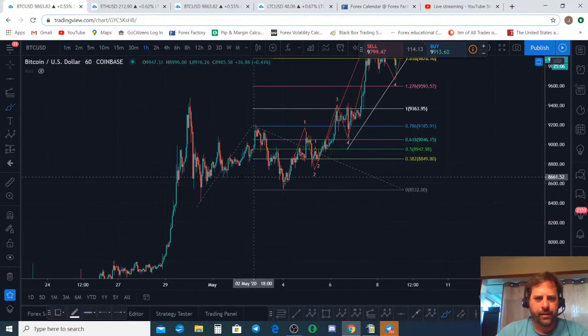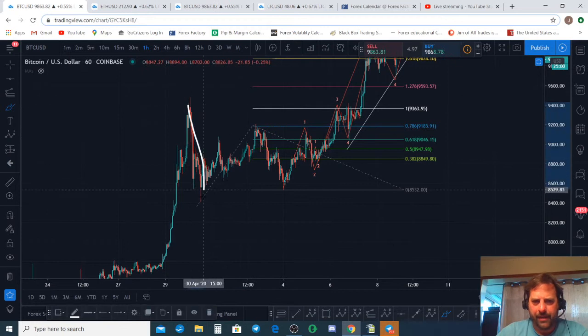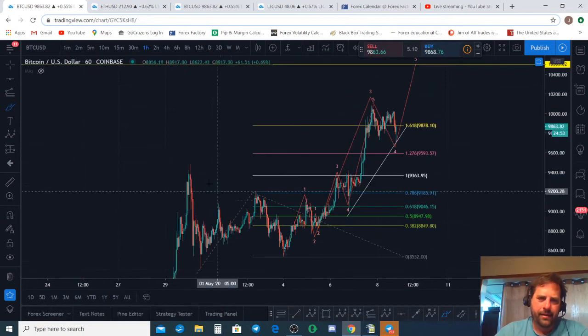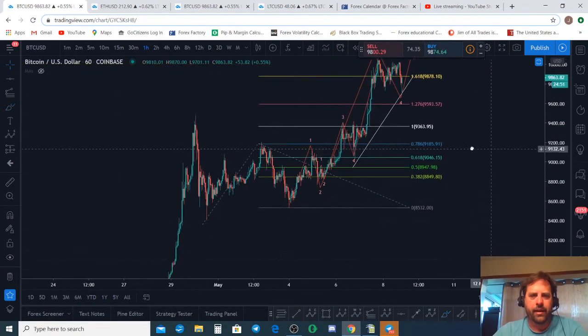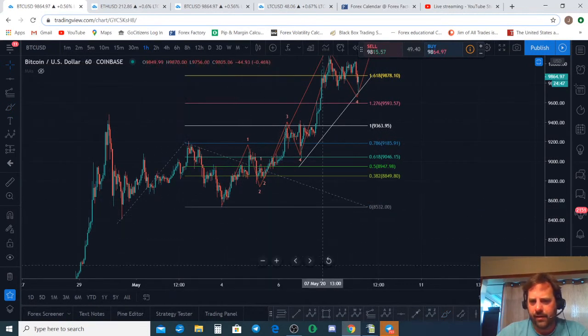My difficulty with this count right here is this wave right here. Okay. I guess what we have to make it is a 535 with a truncated C. It's a truncated C that it can't be technically a running flat because it didn't come up to 90%, and it doesn't count right.